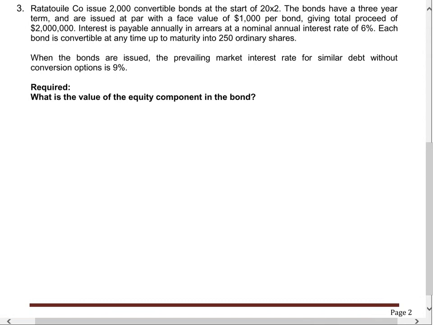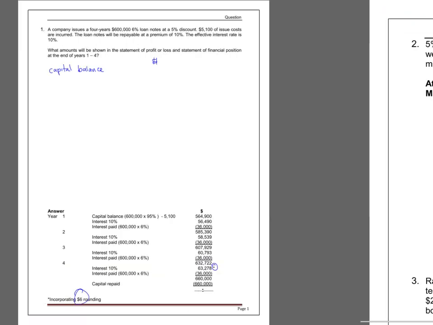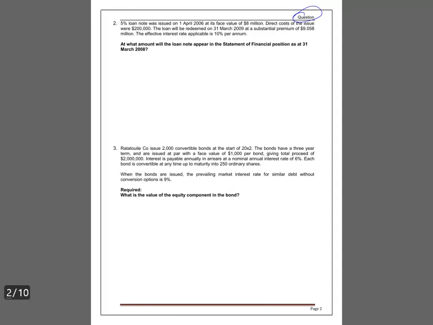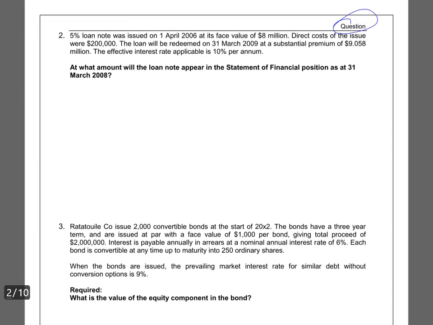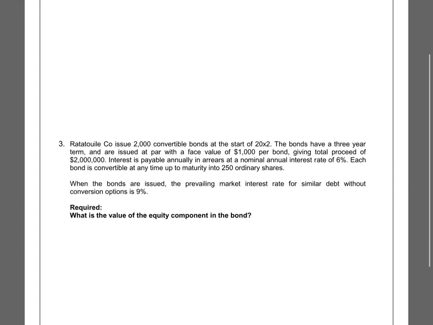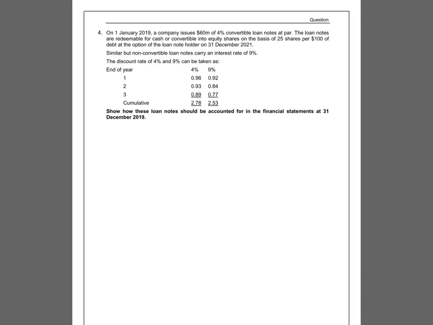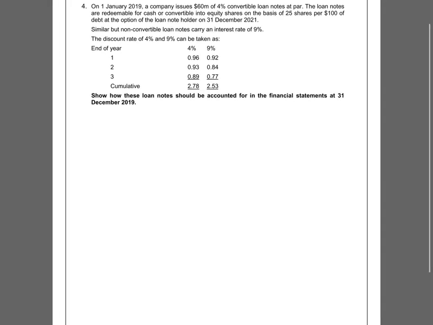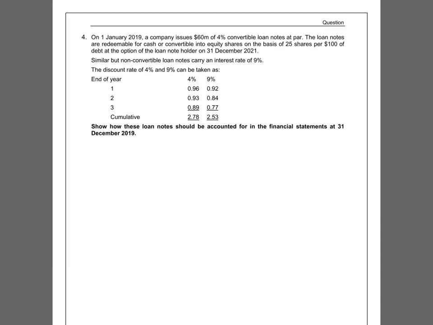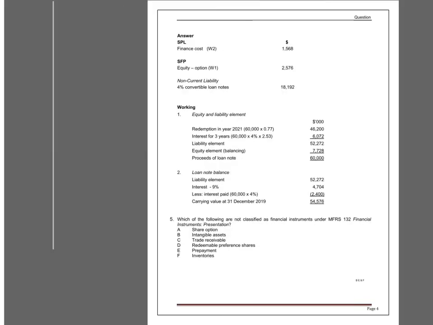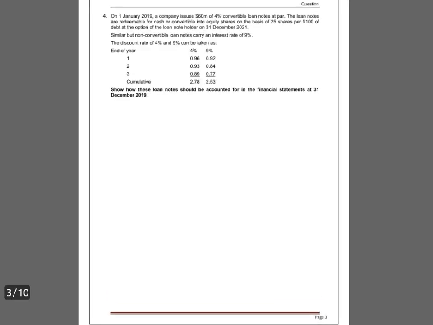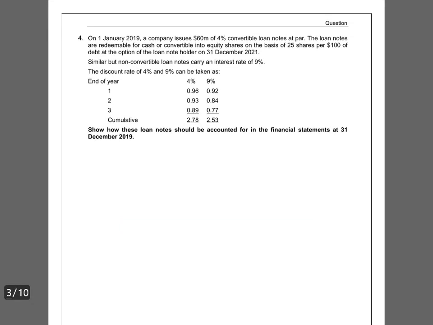I need to pay interest. Interest is based on 4 or 9%? The actual cash flow is 4% on the loan. The loan is 60 million, right? So this will be my interest. My interest is 240,000.